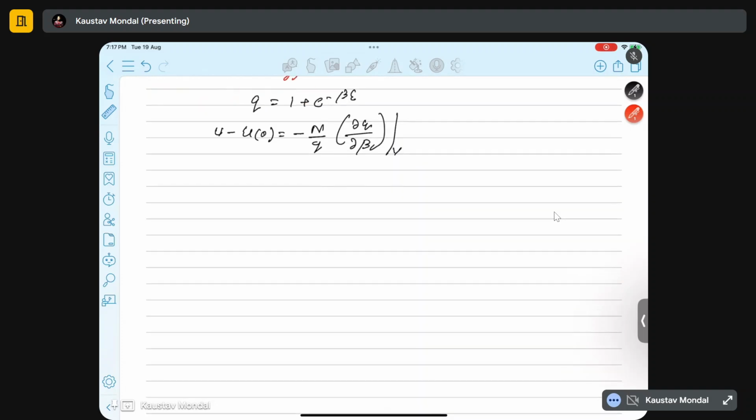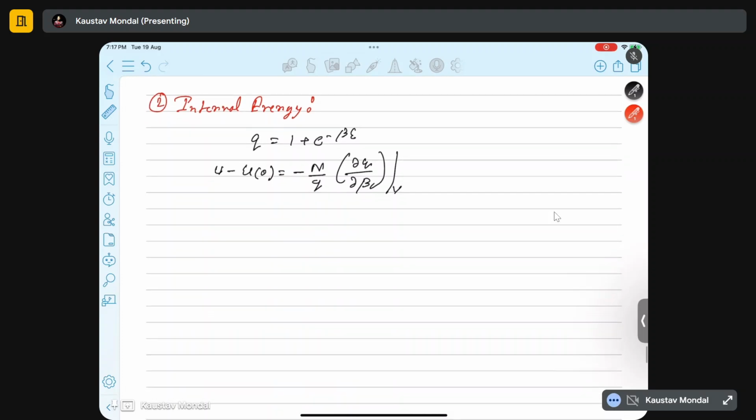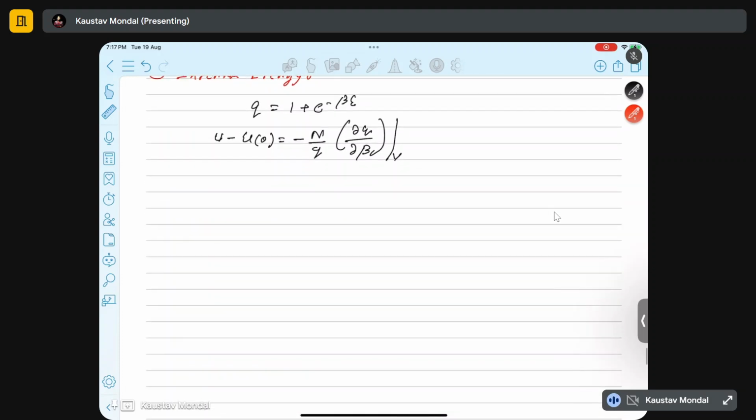So now the Q expression you already know. From here, this is the expression of the internal energy, which we have derived earlier.